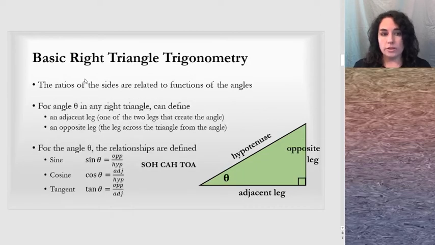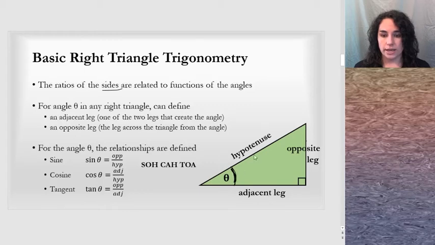It turns out that the ratios of the sides of a right triangle are related to functions of the angles. Okay, so this is very basic right triangle trigonometry. For any angle theta in a right triangle, and I arbitrarily labeled this angle down here theta, we can define an adjacent leg, and notice that I've labeled that as well.